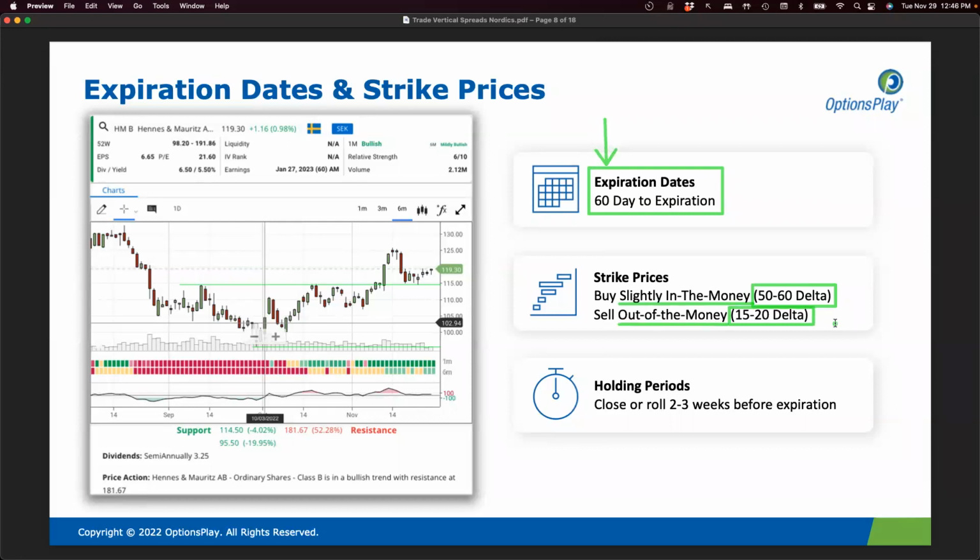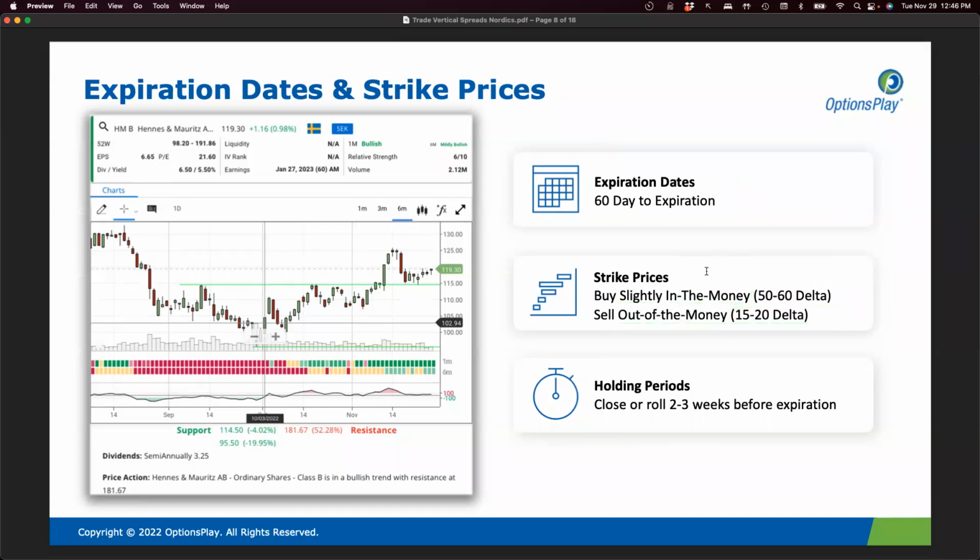And we're purposely picking one standard deviation so that we have a nice balance between not capping our upside too much while still collecting enough premium to justify the reduction in risk and reduction in upside. So that's the blend of choosing expiration dates and strike prices.